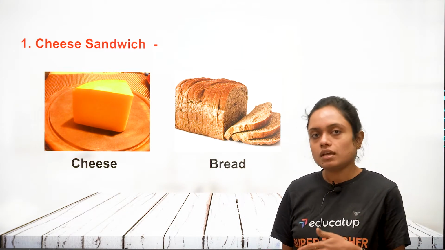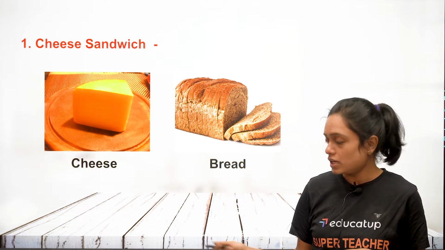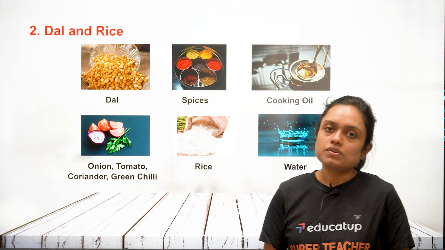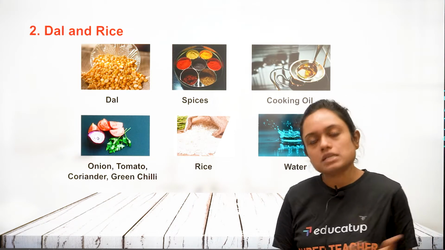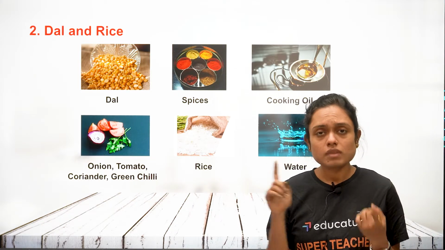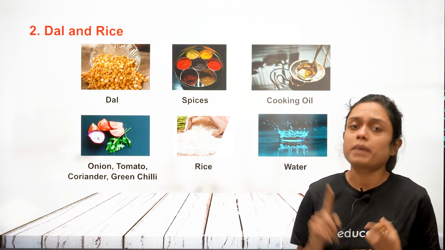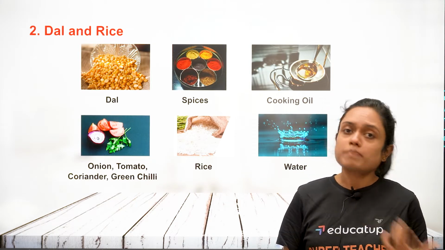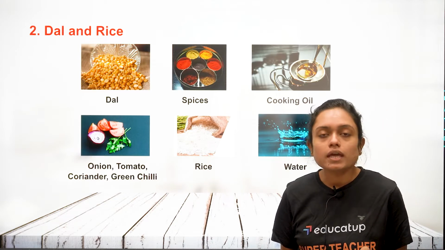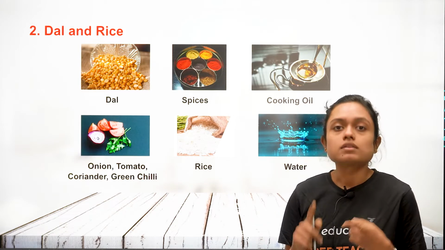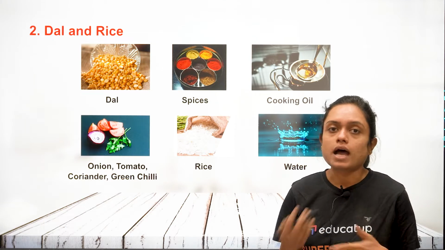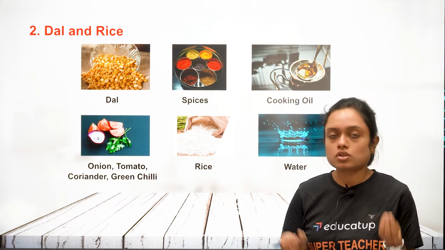Now, if we see the next meal which you might have taken as dal and rice, for making dal and rice, we require a few more substances like आपको दाल की ज़रूरत है, आपको पानी चाहिए, you need cooking oil. Other than that, you need all the spices जो आपके मसाले होते हैं like salt, नमक, turmeric powder, your haldi, then red chili powder, that is your lal mirch, coriander powder, that is your dhania powder.